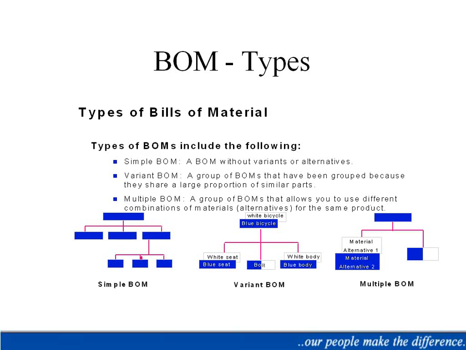And in the case of the variant BOM, I can produce the same product with different combinations, and my final product differs from one to another. Here the example taken is a white bicycle and a blue bicycle. The bicycle is the same, but the color of the white bicycle is different from the color of the blue bicycle. Definitely, the blue bicycle is not exactly the same as the white bicycle, right?